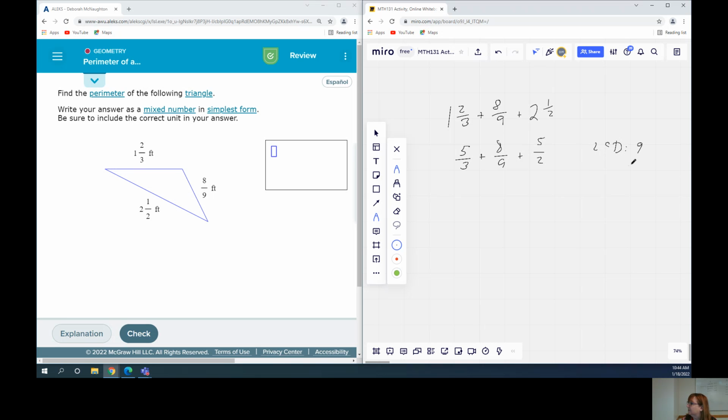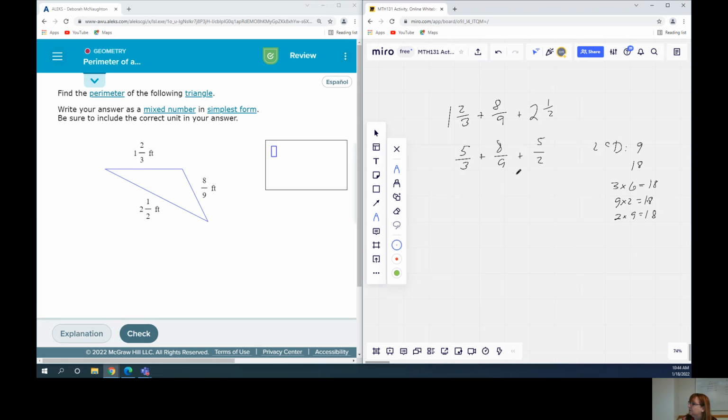So then I do 18, and 3 goes into 18, 9 goes into 18, and 2 goes into 18. I have 3 times 6 is 18, 9 times 2 is 18, and 2 times 9 is 18.